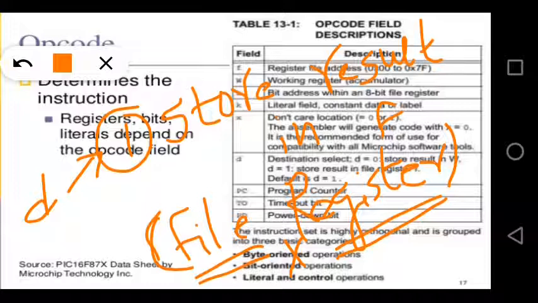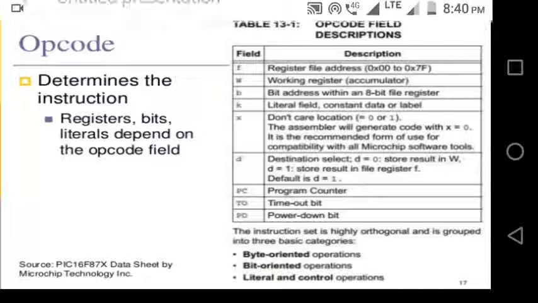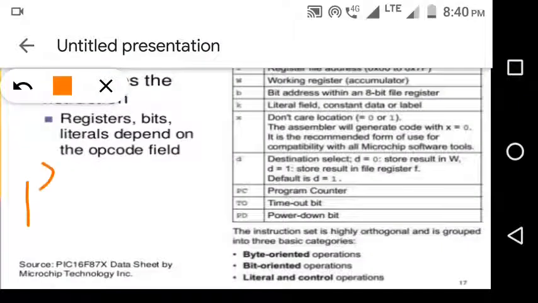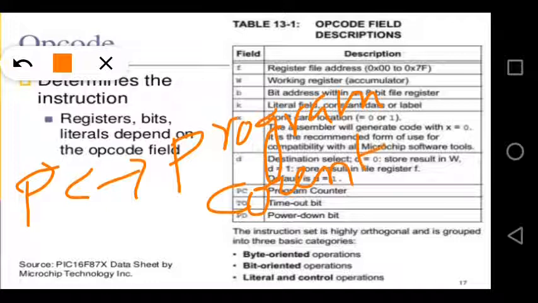If d is equal to 0, store the result in W. W stands for working register. Then I have PC, which stands for program counter. All of you know that the program counter register is used to store the address of the next instruction to be executed.